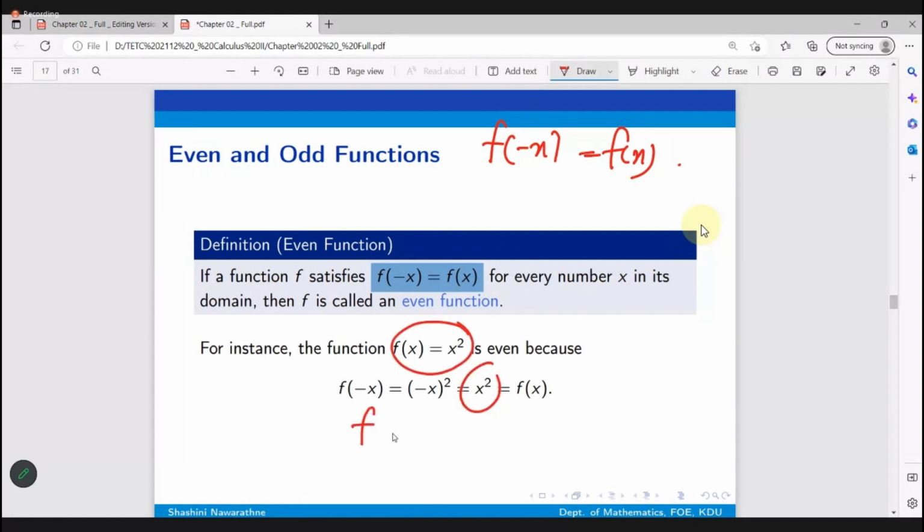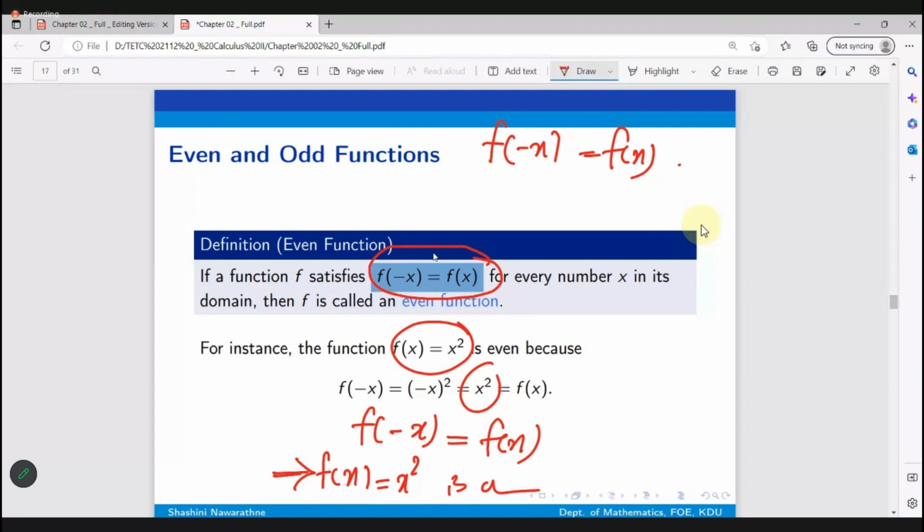So we have verified that f of minus x is equals to f of x. That means we can conclude that x squared is an even function. An even function is one that satisfies the condition f of minus x is equals to f of x.